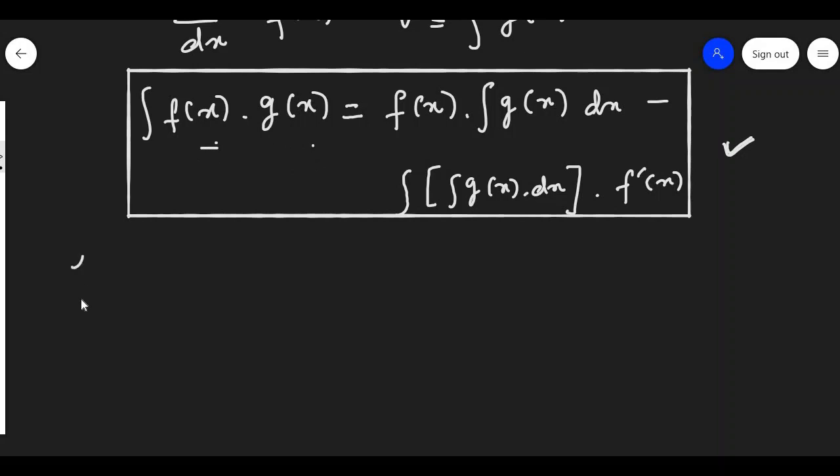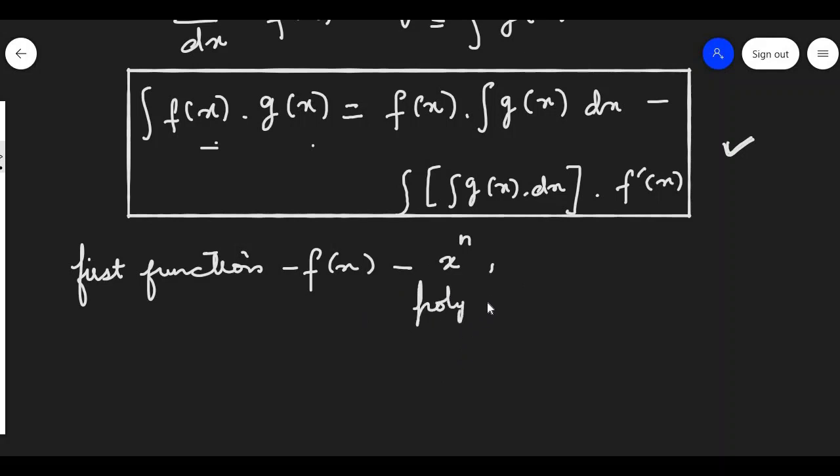So, to select the first function, that is f of x, generally we select the functions which are of the form of x raised to n, that is power of x. Or if you have polynomial functions, we are going to make them as our first function.